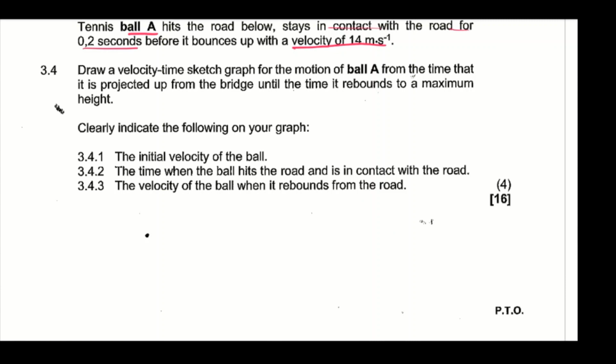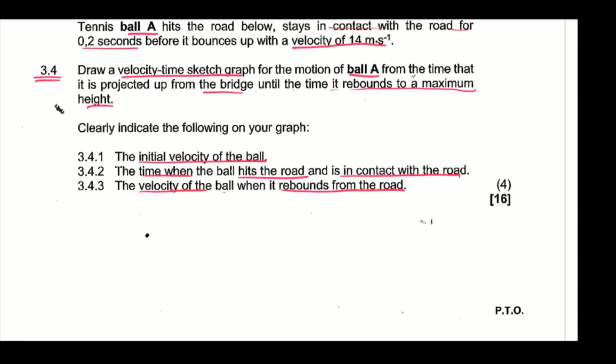In 3.4, we are asked to draw a velocity versus time graph for the motion of ball A from the time it was projected up from the bridge until the time it rebounds to a maximum height. Clearly indicate the following on your graph: the initial velocity of the ball, the time when the ball hits the road and is in contact with the road, and the velocity of the ball when it rebounds from the road.